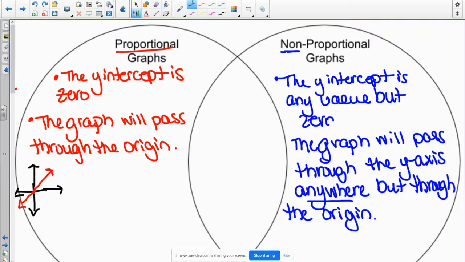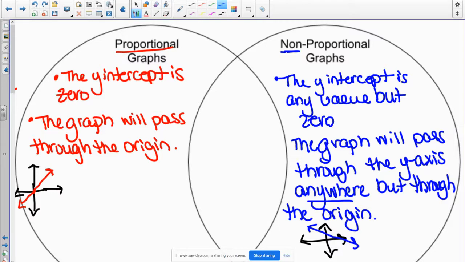So visually, that one looks like, we'll make our 4 quadrants. You can have any graph, so you can go like this, and notice that it doesn't go through the origin. It doesn't matter where it goes through on this y-axis as long as it's not the origin, which makes sense above because the y-intercept is anything but 0.